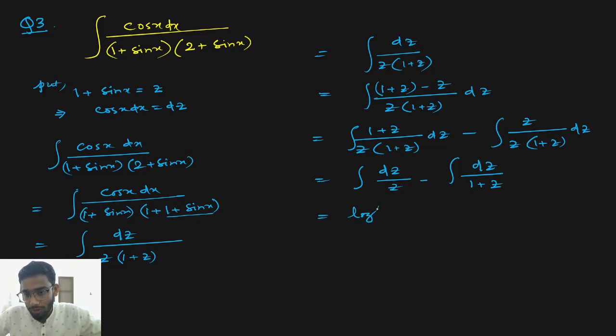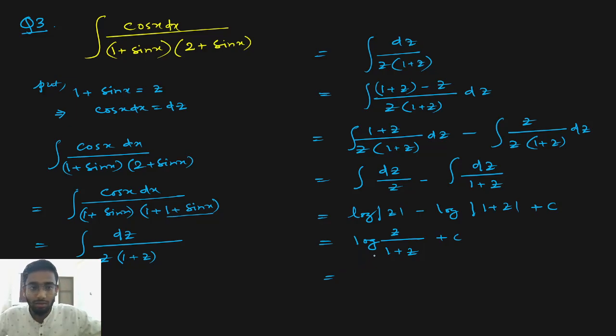So clearly you can observe that we have differentiation of z in the numerator, which is 1. So it is log mod z, and in this part you are getting log mod 1 plus z, because if you take differentiation of 1 plus z, it is also 1. Now since the logs are in subtraction, it would be log z by 1 plus z, plus a constant c. Now you have to put the value of z, because the question is in terms of a function of x.